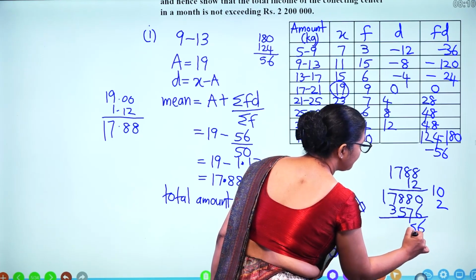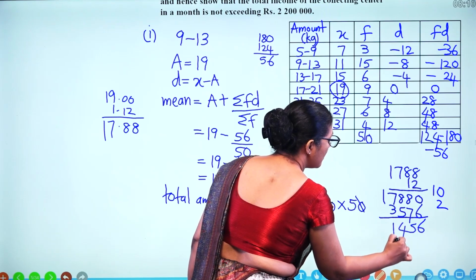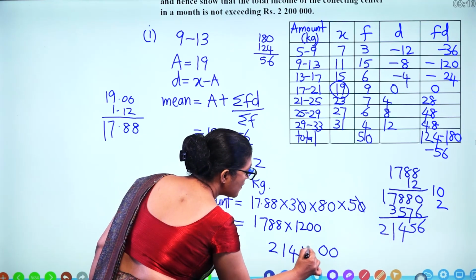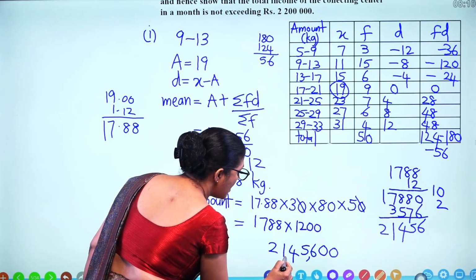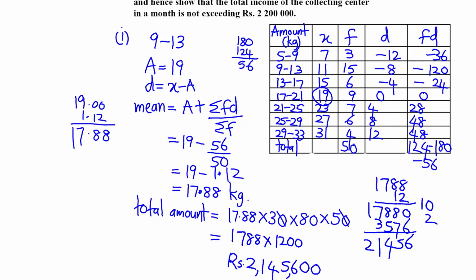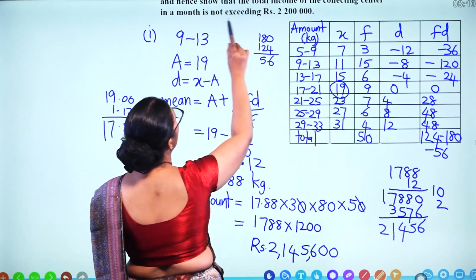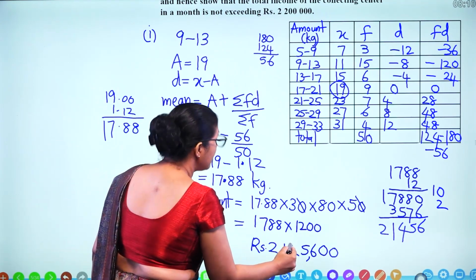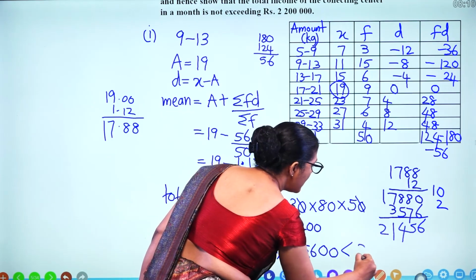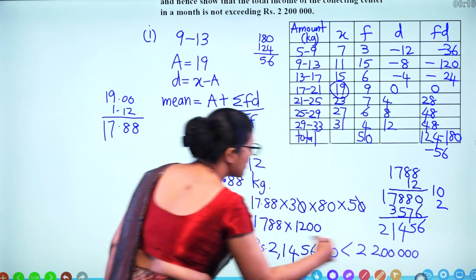So you get 2145620. So that means 2,145,600 rupees. So that's not exceeding 2,200,000 rupees. So that's less than 2,200,000 rupees.